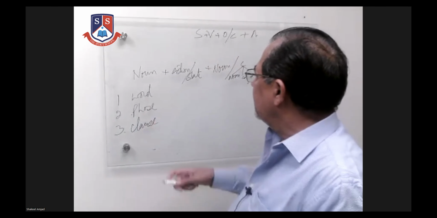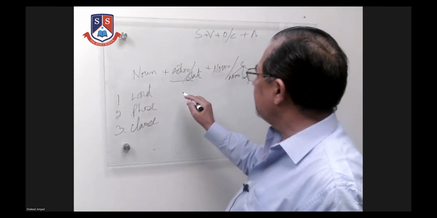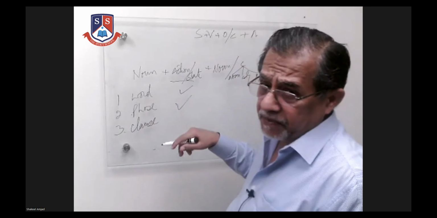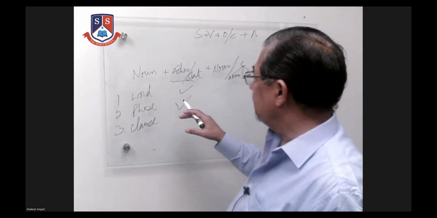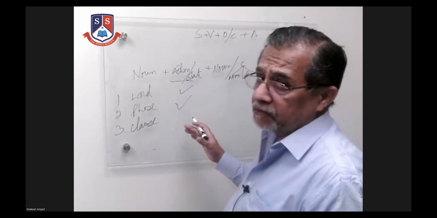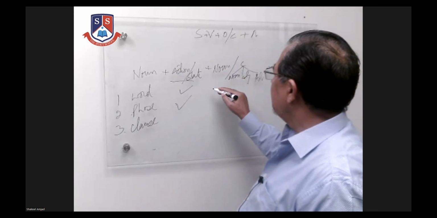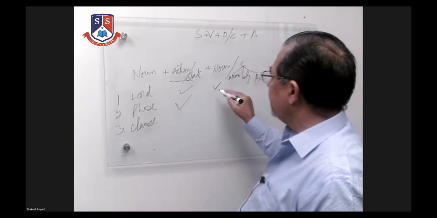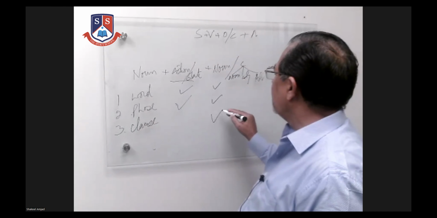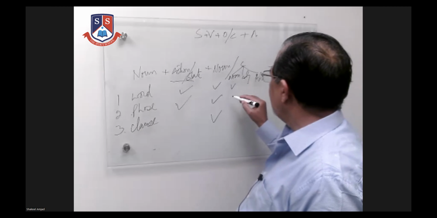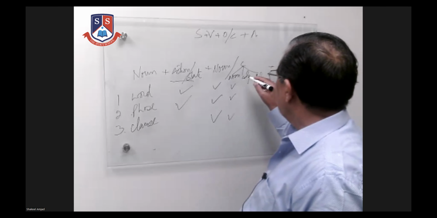So verb can be a word or a phrase. The whole is a verb clause. We call the whole one a verb clause. Object can be a word, a phrase, and a clause. So complement can be a noun, a verb, a clause.